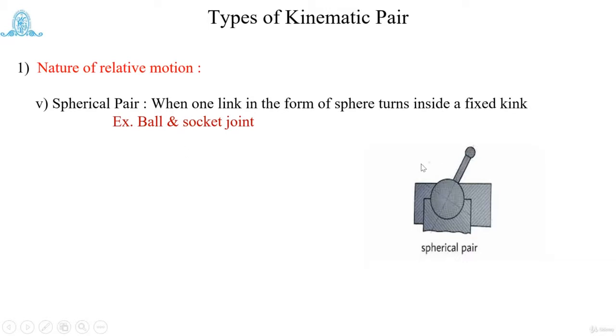This ball swivels or turns inside the fixed sphere. The fixed link is a hollow sphere, and the other is solid, turning or swiveling inside the fixed link, so the nature of relative motion between them is spherical.